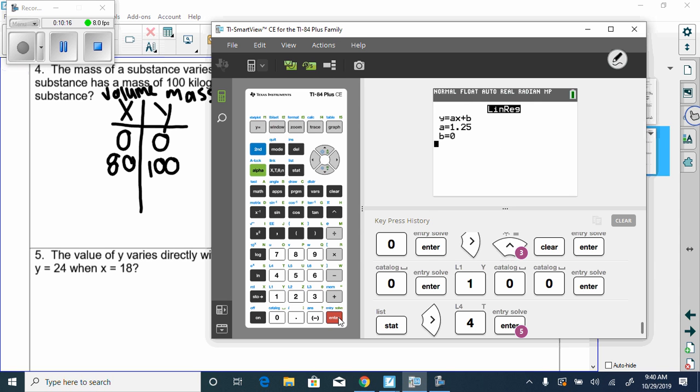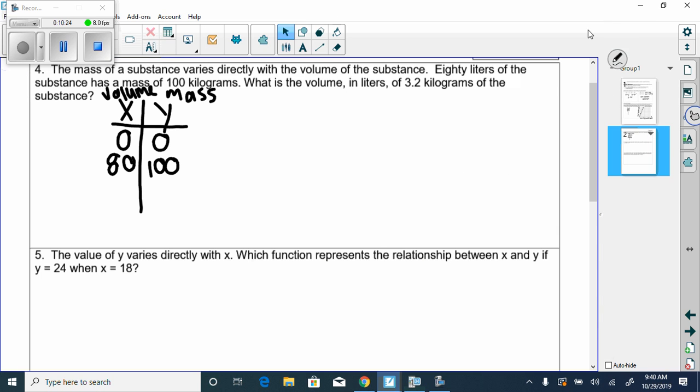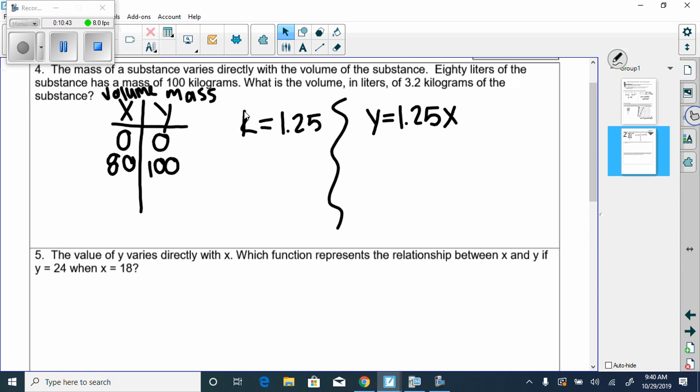And here we go. It is a direct variation. How do we know? B is 0. Right, the B is 0. So I can come over here, and our M or our K was that A value, which was 1.25. So if I wanted to write that as the equation y equals K times X, well, we just found out our K was 1.25, so there's our equation.